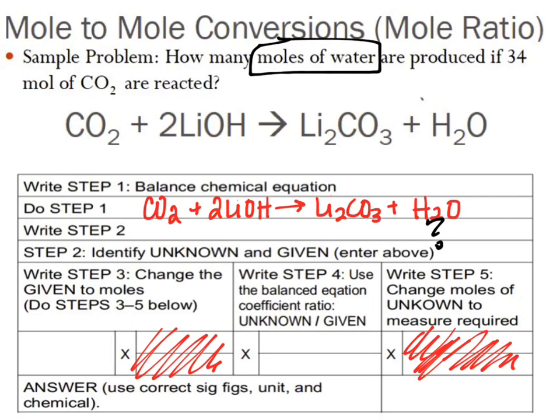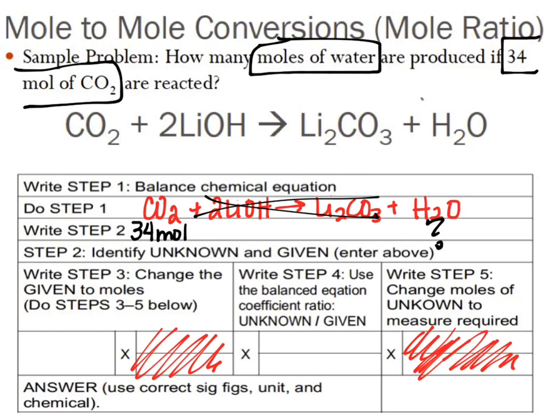What do we know? What are we given? I am given 34 moles of carbon dioxide. So underneath, I'm going to write 34 moles under carbon dioxide. Now I can look at my balanced equation and everything else in this problem, I don't care about those other things.